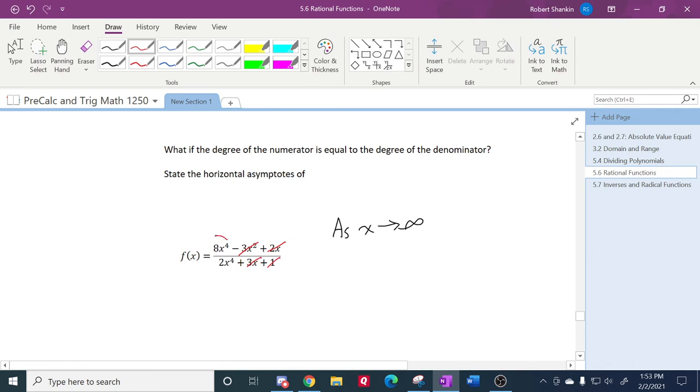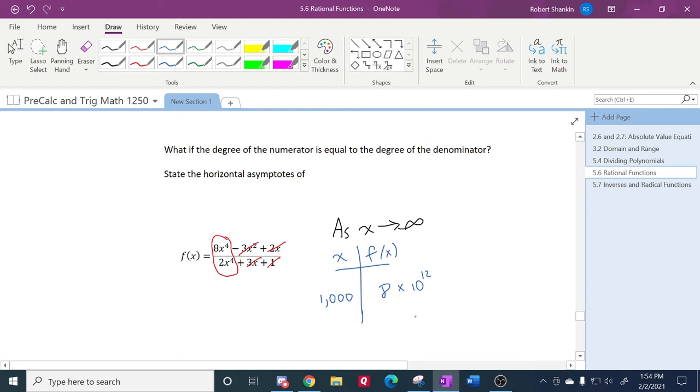So what you wind up comparing is this. And if x was, let's say, 1,000, then this thing is going to be 8 with a whole bunch of zeros. 12 zeros, because there's 3 zeros 4 times.